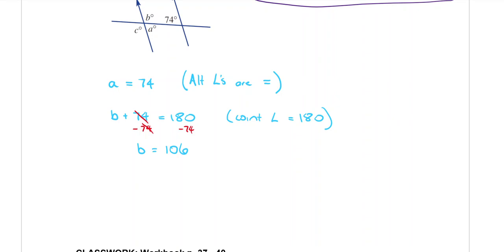So probably the easiest thing to do is to use this cross shape in here and know that the C is vertically opposite the B. So I can just say C, because B is equal to 106, C will also be equal to 106 because vertically opposite angles are equal.